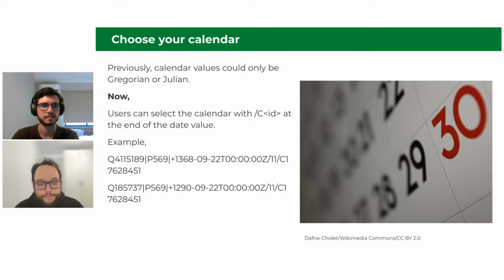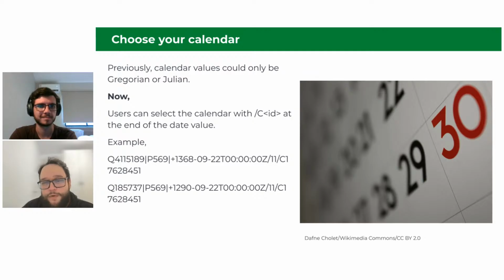So, a way of adding that programmatically. What we did here was to add the expanded syntax to give the user who is writing a date command on QuickStatements a way to define which calendar they are referring to.